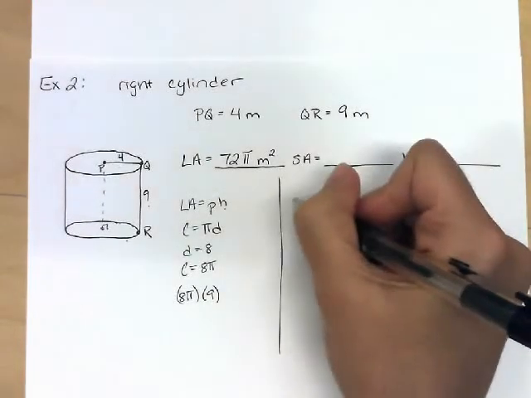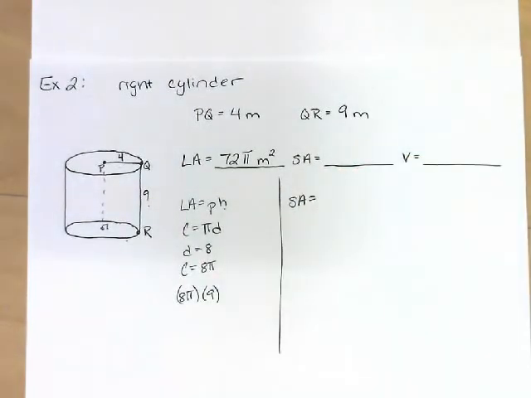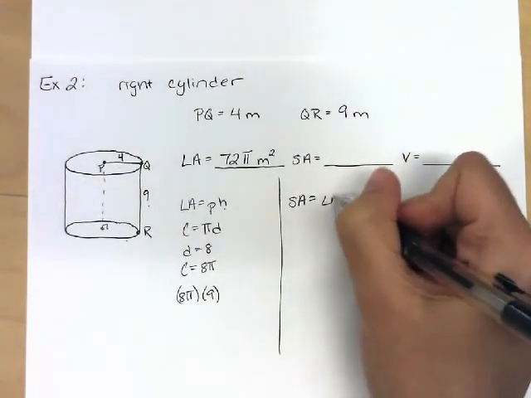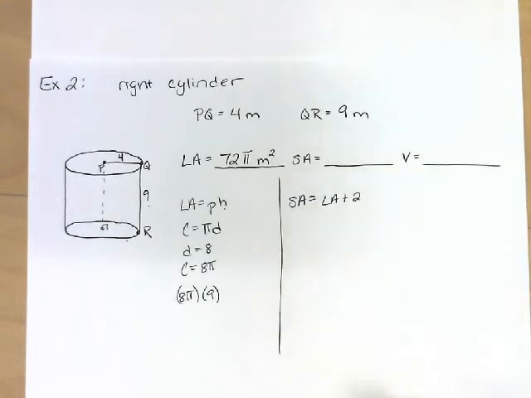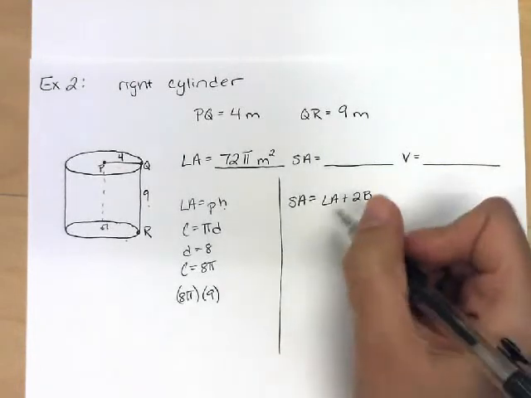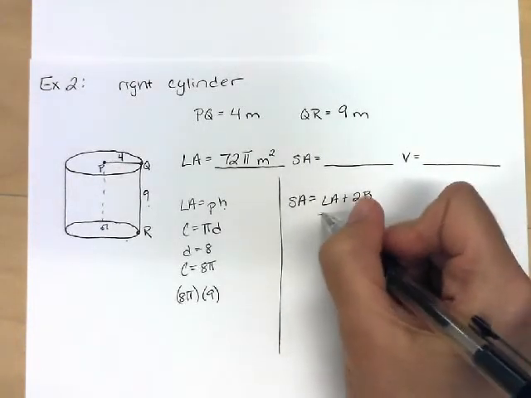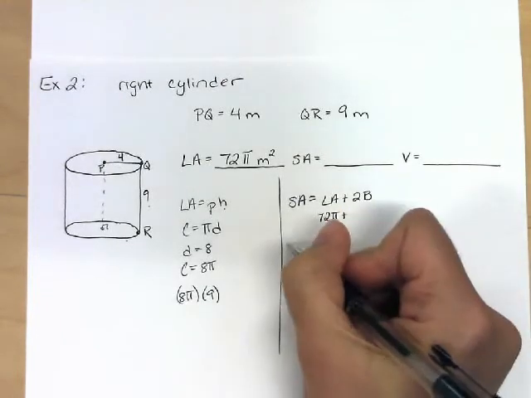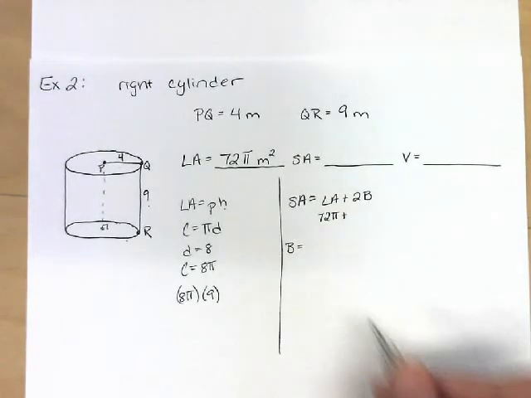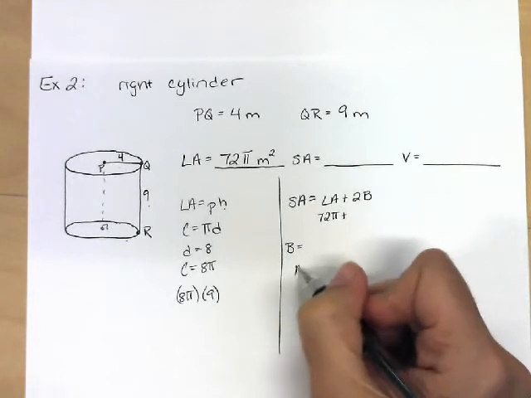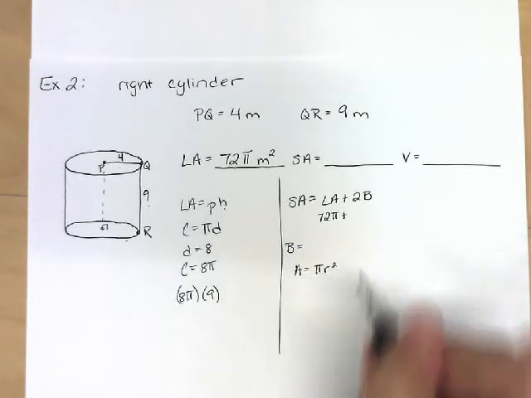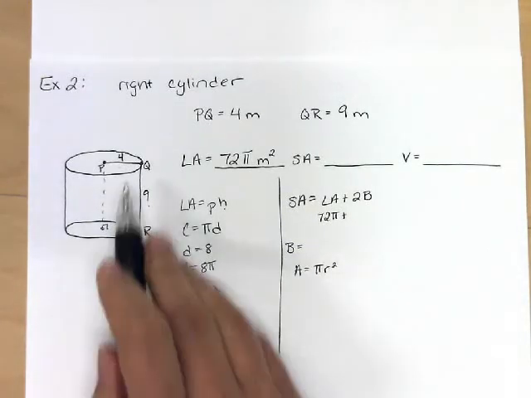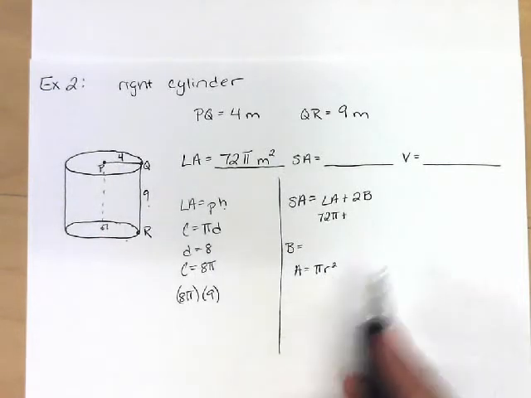Surface area is just that lateral area we just found plus 2 times the area of the base. So we know the lateral area is 72 pi, plus the area of the base we have to calculate. Well, the base is a circle. The area of a circle is pi times r squared. The radius is 4. 4 squared is 16.